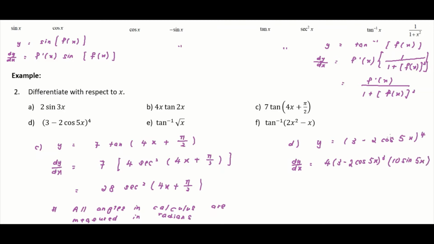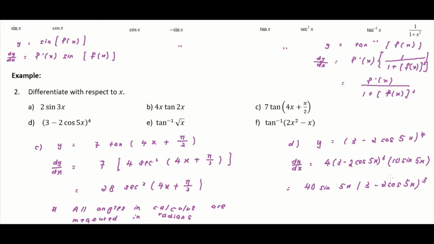Make sure your 5x doesn't change. When you differentiate 5x, you get 5, so multiply with 2, you get 10, and it's still sine 5x. Then we can simplify: 4 times 10, you get 40 sine 5x, then multiply with (3 minus 2 cos 5x) to the power of 3.